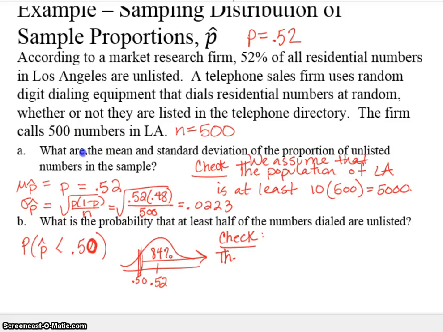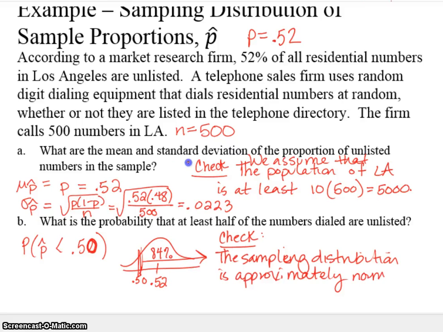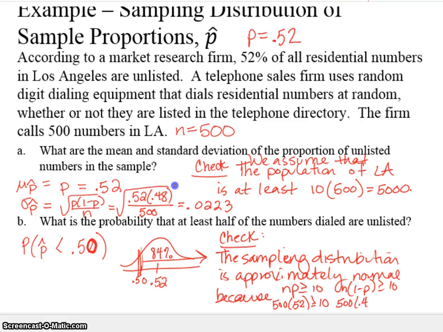We are going to say that the sampling distribution is approximately normal because, and then we're going to write all this out. n times p greater than or equal to 10. n times 1 minus p greater than or equal to 10. And we're going to fill that in. So 500 times 0.52 is greater than or equal to 10. And 500 times 0.48 is greater than or equal to 10.